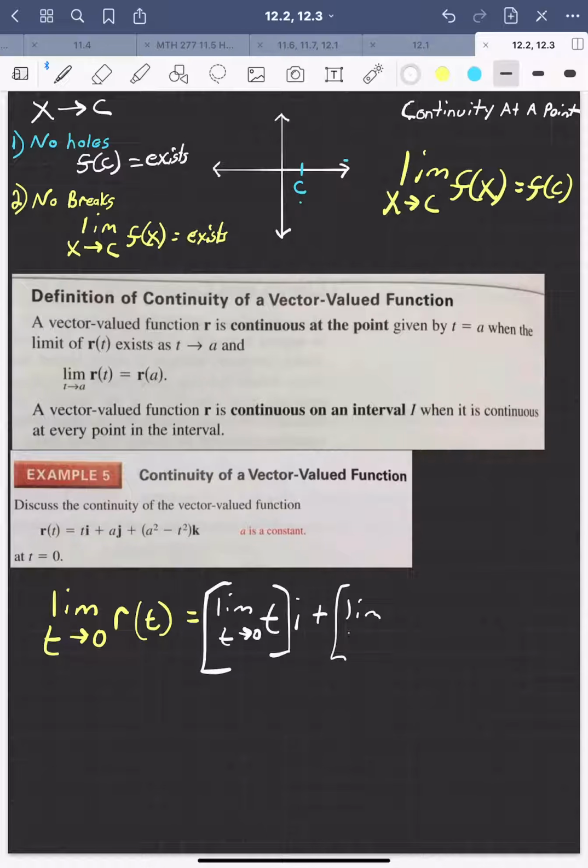So limit, not x, we're doing t. T approaches 0 of a, and I got one more. The limit as t approaches 0 of a squared minus t squared.